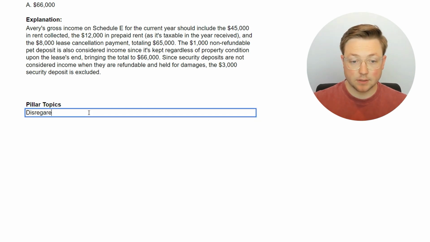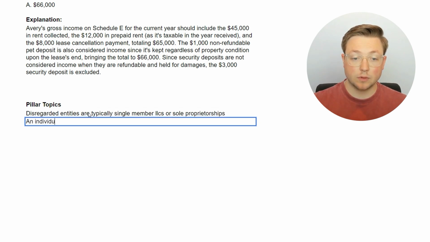Disregarded entities are typically single member LLCs or sole proprietorships. An individual uses the Schedule C to report business income and Schedule E to report rental income.